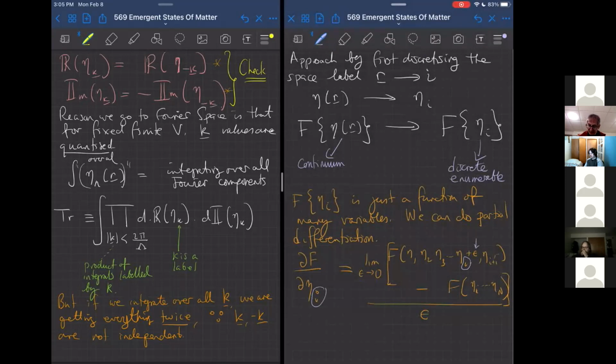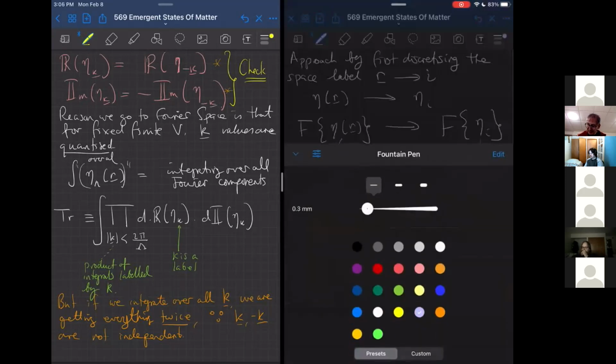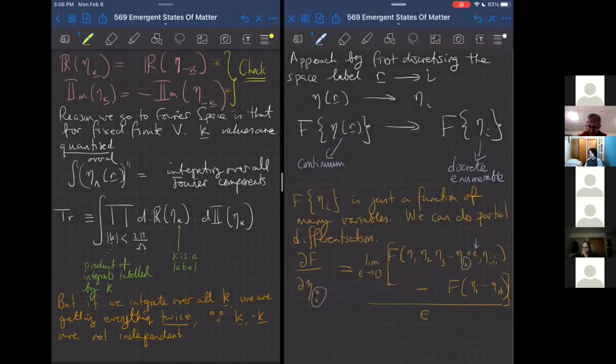And so I can think of this as saying that df by d eta j, I could write this as the limit as epsilon goes to 0 of f of eta i plus epsilon delta ij minus f of eta i, divided by epsilon.